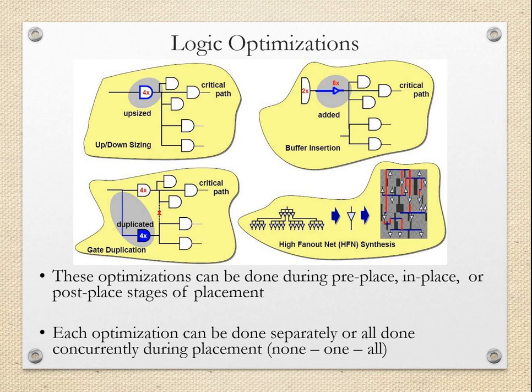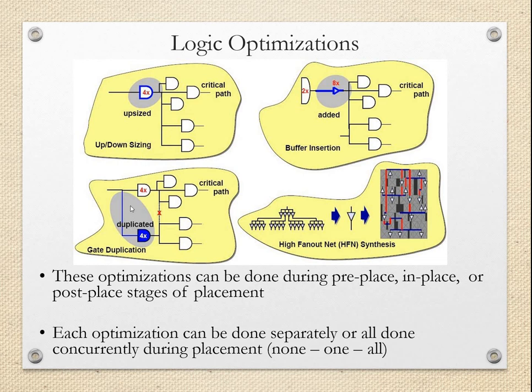Logic optimization is another feature. These optimizations can be done during the pre-place, in-place or post-place stages of the placement. Each optimization can be done separately or all done concurrently during the placement. For the inside logic also, thought will be given by the CAD tool.